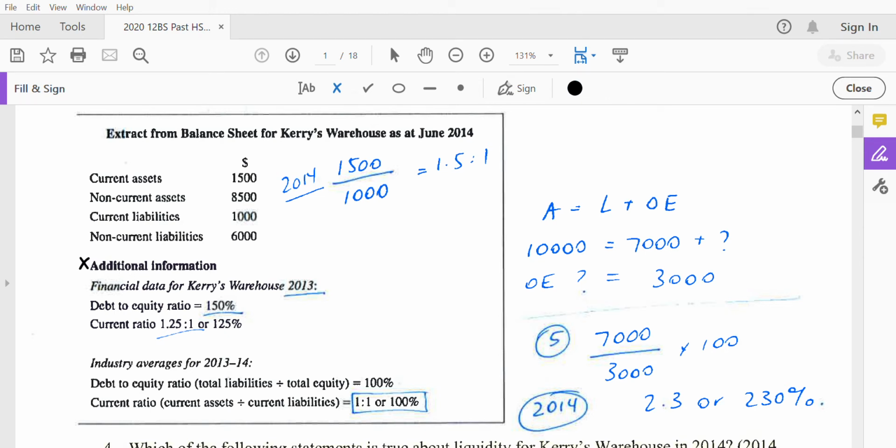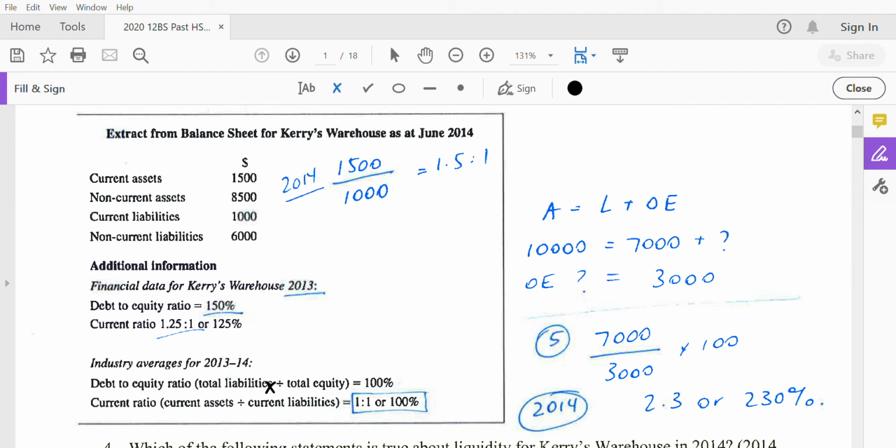And you have to make sure that you look at this additional information, because that's going to give you some hints on any figures that you need in particular. Then your industry averages, they give you the industry averages. And once again, you've got your formulas there, because you need those formulas in order to work things out. And as I've said to you, they're going to give you the formulas that you need.